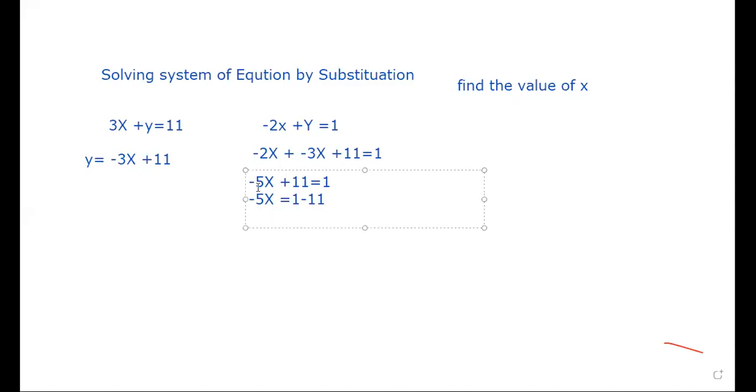So the next step, it will be negative 5x equal negative 10, right? We will divide both sides by negative 5, then the value of x equal how many? The value of x equal 2, right?